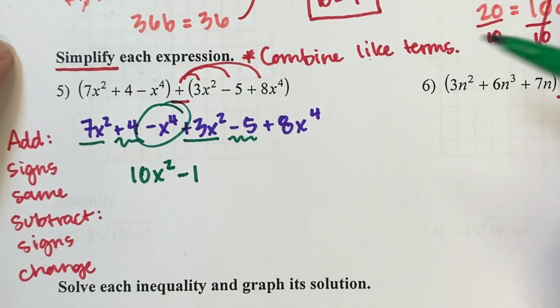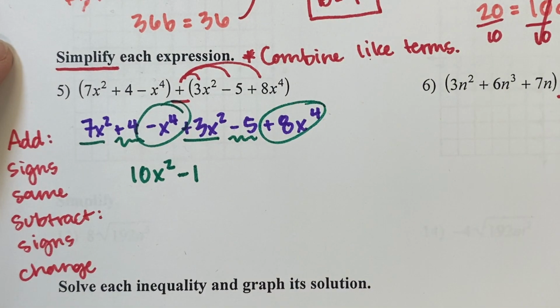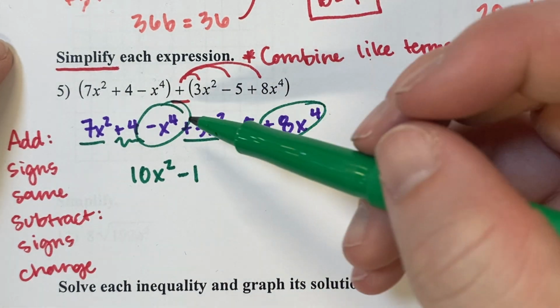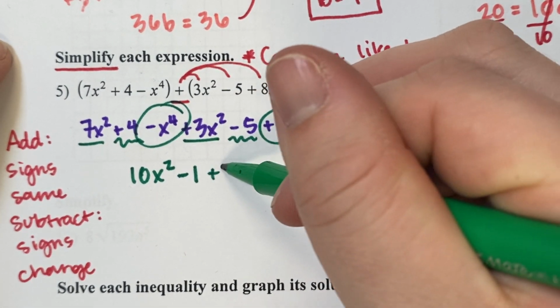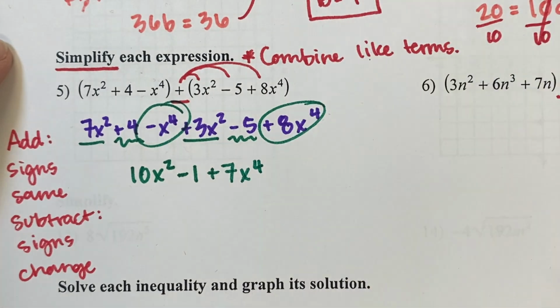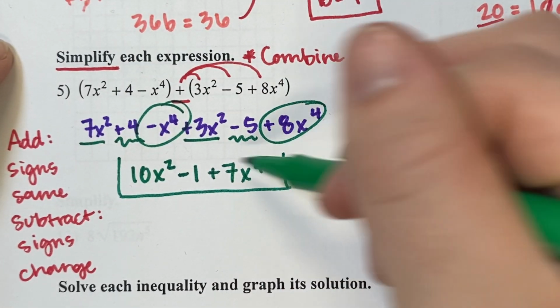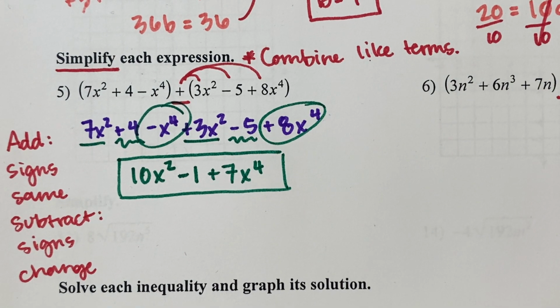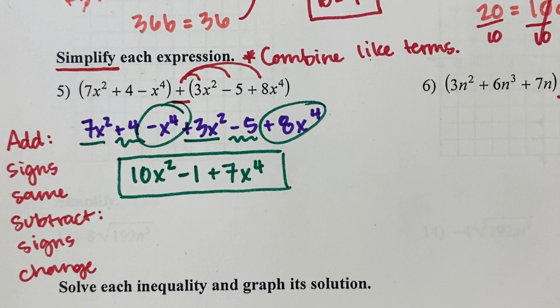And then I see negative x to the 4th plus 8x to the 4th, because they're both x to the 4ths. That's negative 1 plus 8, which is positive 7x to the 4th. And there is our simplified expression, because we cannot combine anymore. None of them are like terms.